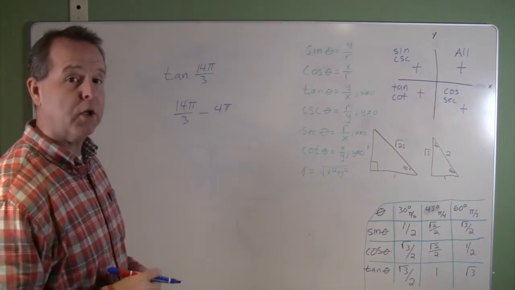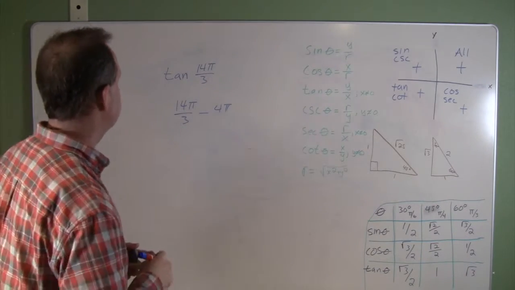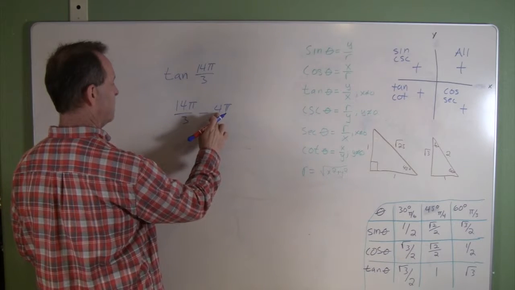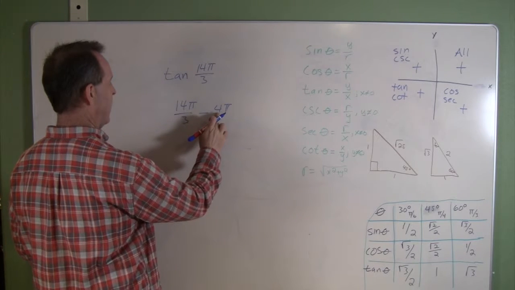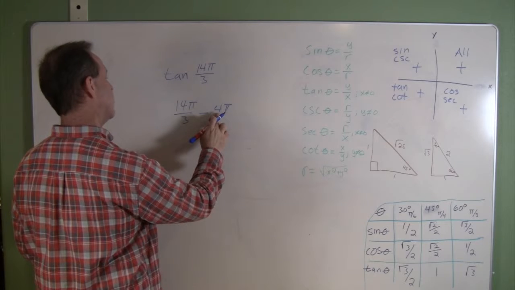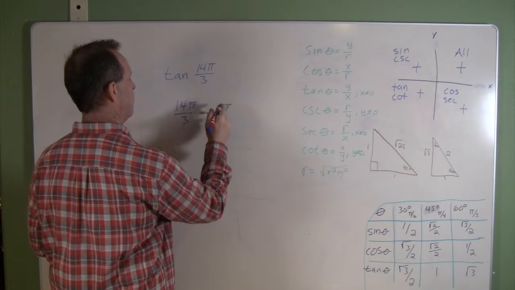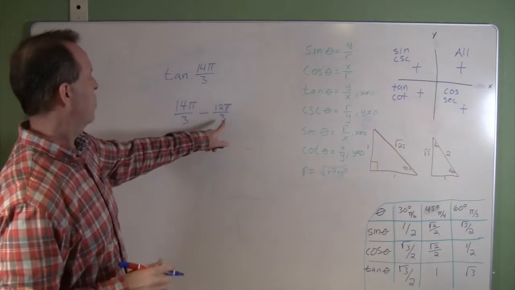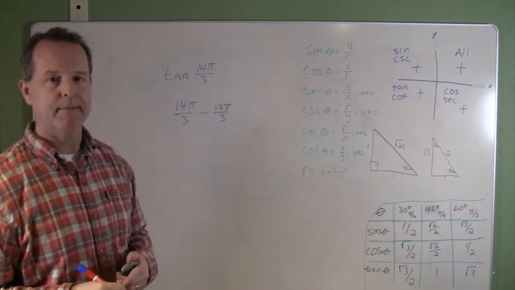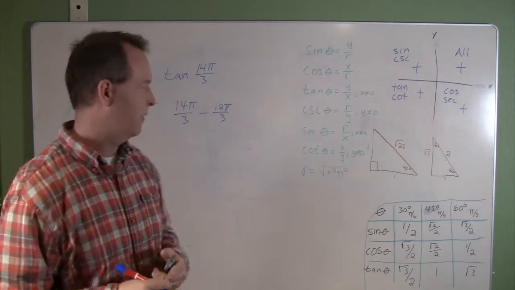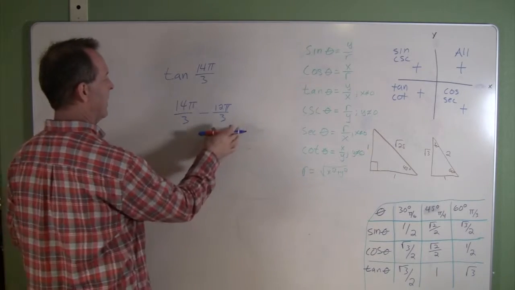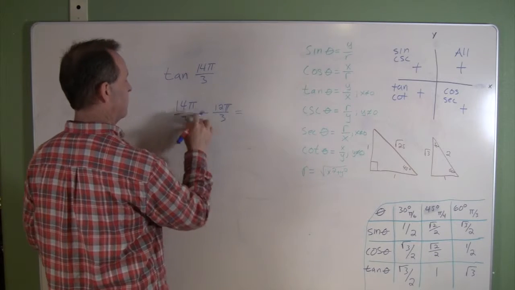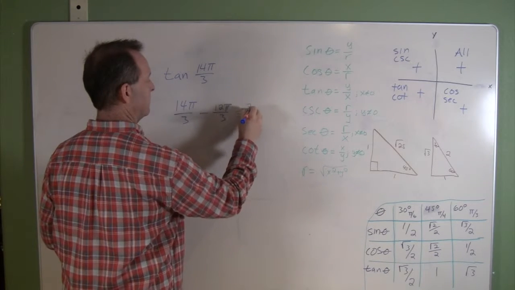Let's take away 2 circles or 2 rotations in the circle. To do that, I need to have common denominators. So 4 pi is the same thing as 12 thirds pi, which is the same thing as 2 rotations around the circle. So then my coterminal angle is 2 thirds pi.